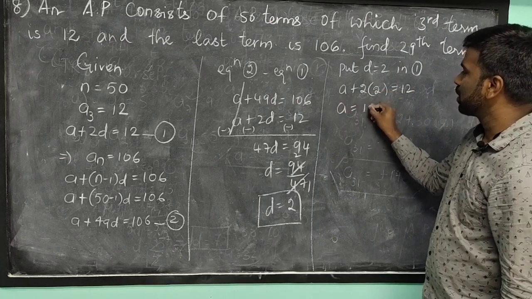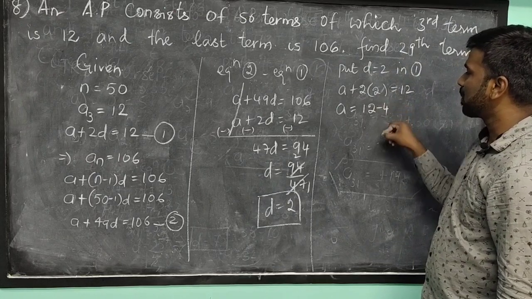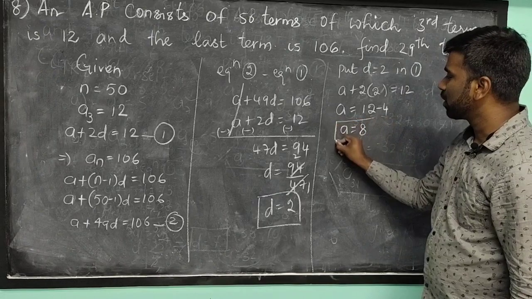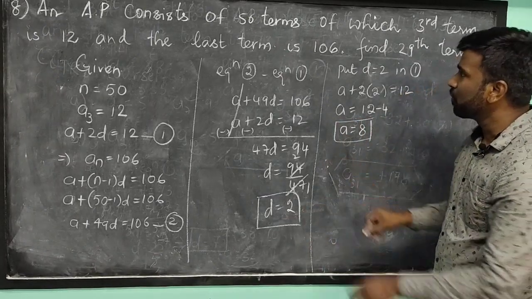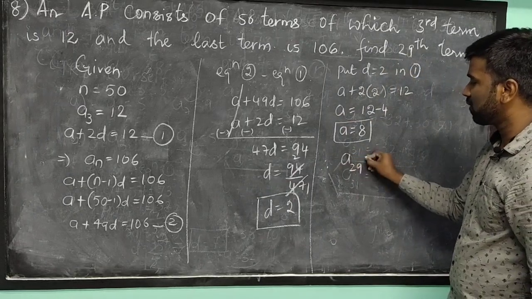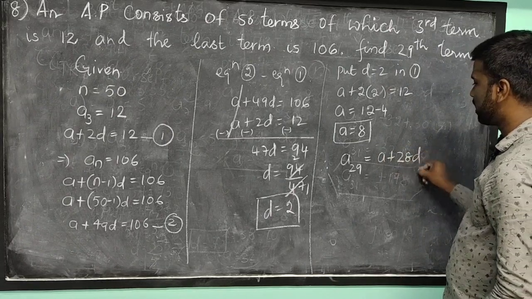A equals 12, with plus 4 shifted, it becomes minus 4. A equals 12 minus 4, which is 8. Now we got the values of A and D. Now we should find the 29th term, that is A29 equals A plus 28D.